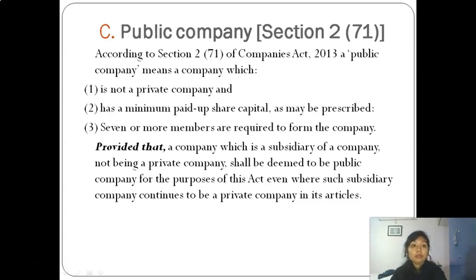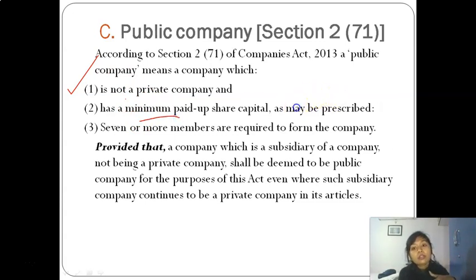According to section 2 clause 71 of the Companies Act 2013, a public company means a company which is not a private company. A private company means a company which has those three restrictions in its articles. So a company which does not have those three restrictions in its articles will be considered a public company.